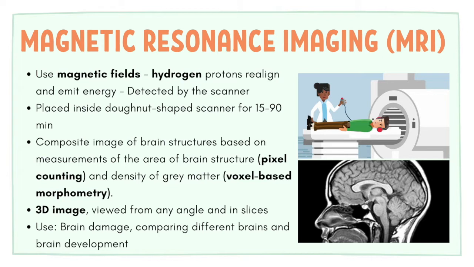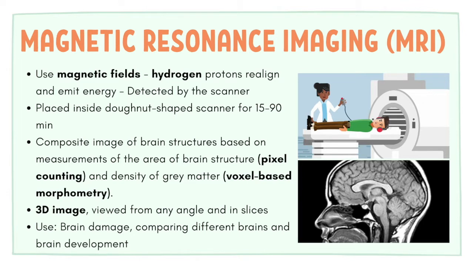An MRI scan can last for about 15 minutes to as long as 90 minutes, depending on the number of images being taken and the region of the brain that the researchers are trying to focus on. The scanner produces a composite image of brain structures.